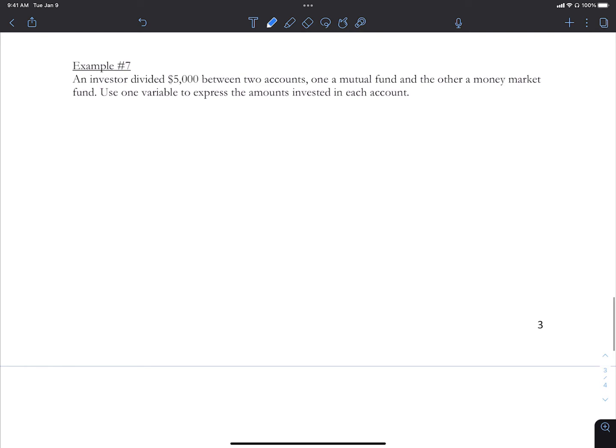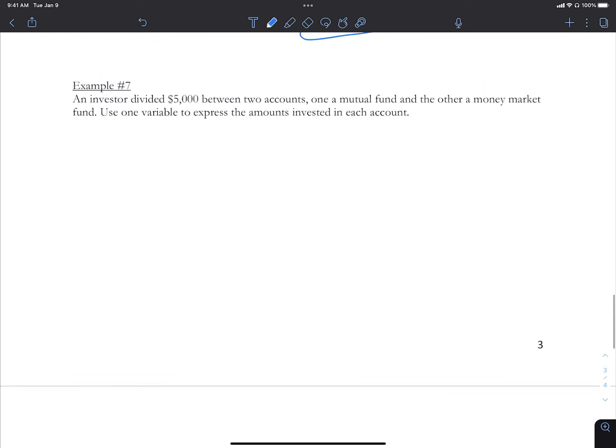So then the last example in the notes is example 7. It's another application. It says an investor divided $5,000 between two accounts, one a mutual fund and the other a money market fund. Use one variable to express the amount invested in each account.